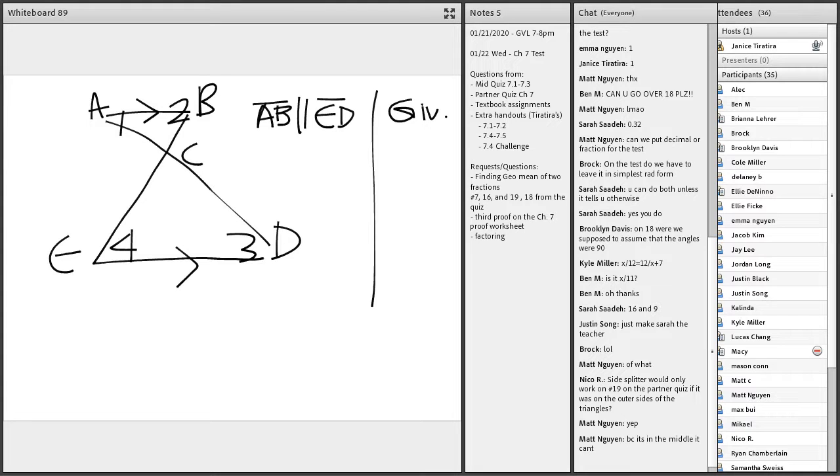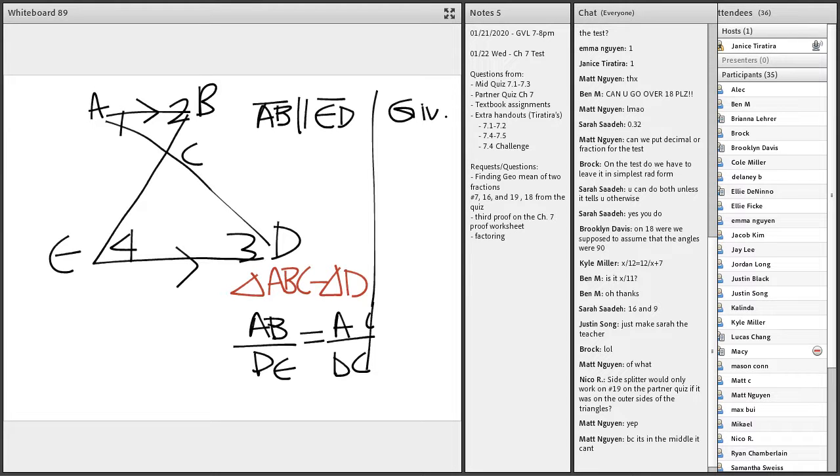And we want to prove in the very end that AB over DE is proportional to AC over DC. Okay, that's the goal. So right before that, we want to show that triangle ABC is similar to triangle DEC.